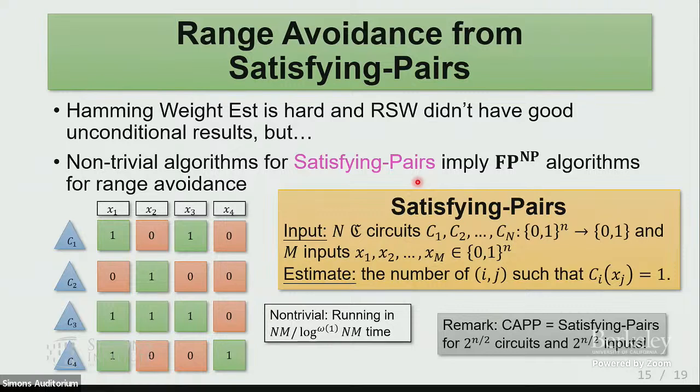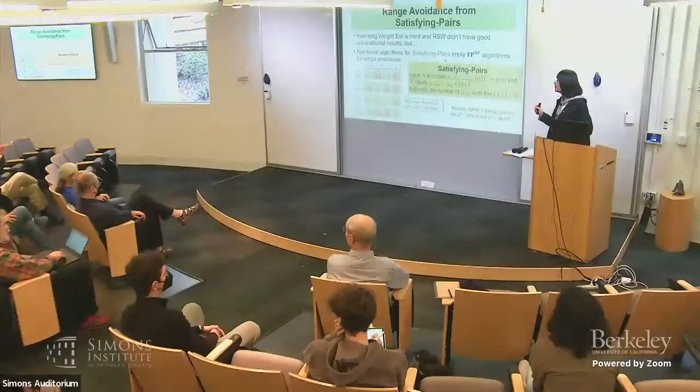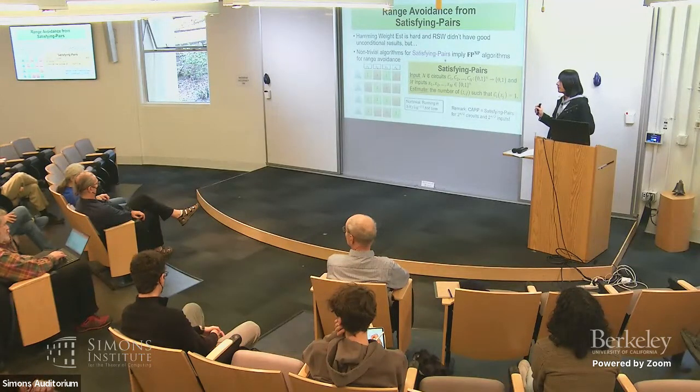The way you would do the reduction is, let's say, pick the first n over 2 variables, and set them in all ways and restrict the single circuit in all 2^(n/2) ways to create your family. But that's a very uniform family, whereas the general satisfying pairs problem involves circuits that might be totally unrelated. Yes, that's true.